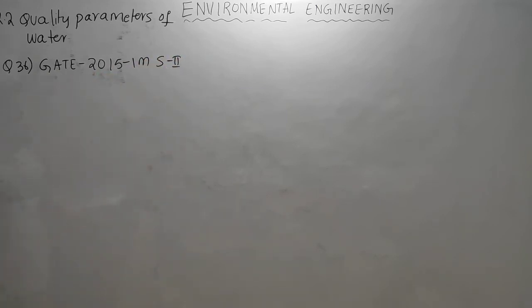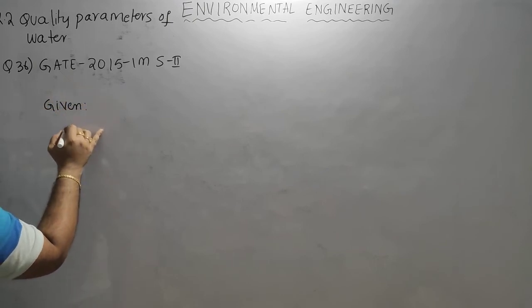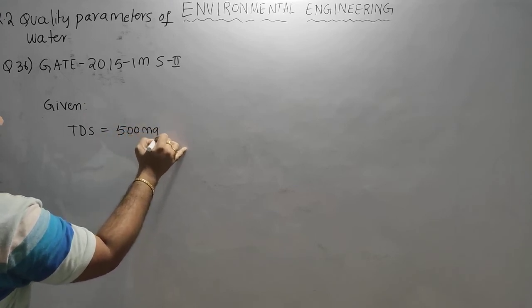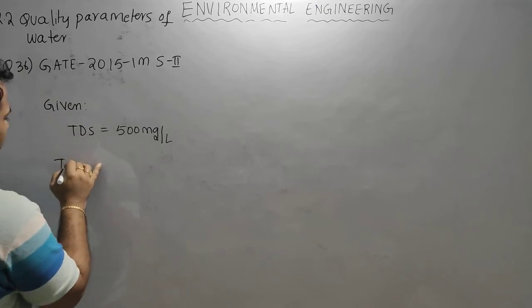Let us read out the question. A groundwater sample was found to contain 500 milligram per liter total dissolved solids. Then total dissolved solids in percentage will be. So in a groundwater, TDS was given as 500 mg per liter. Then what is the TDS in percentage?